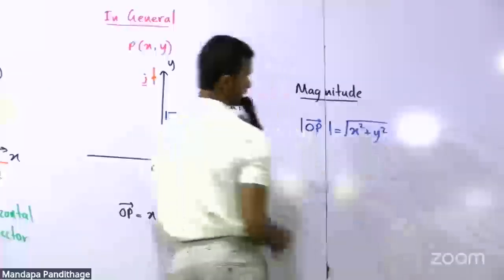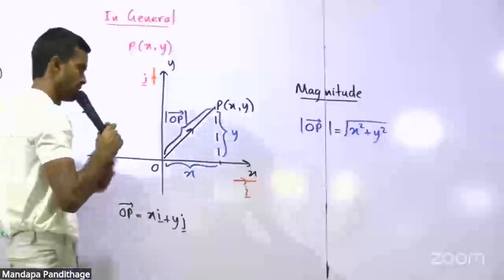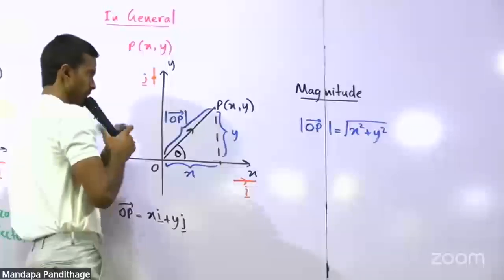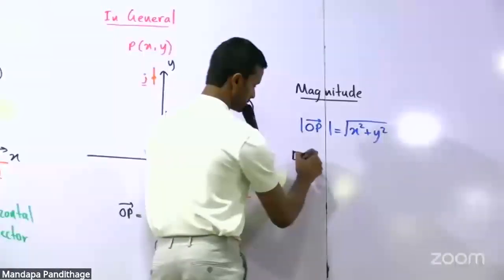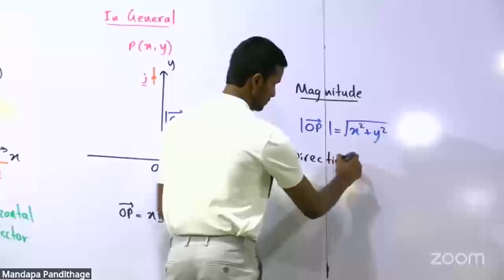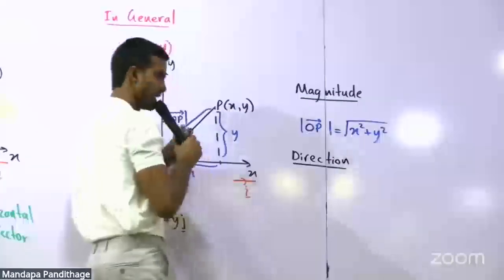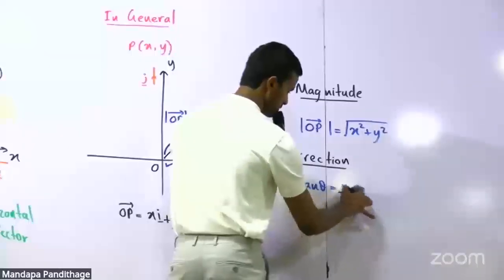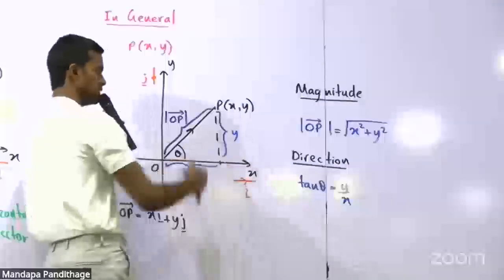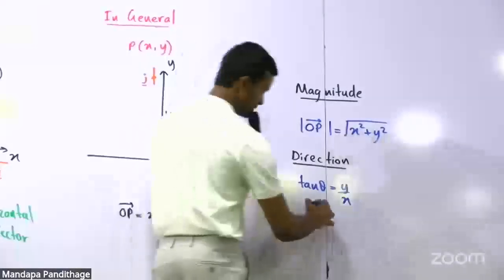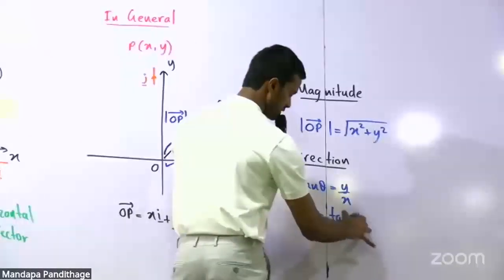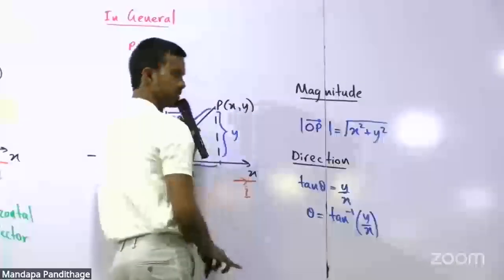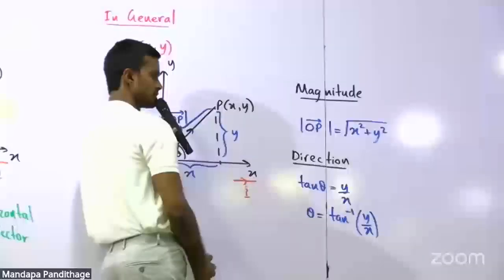If you want to find the direction, normally if they ask for the direction, you take this angle to be theta. Then tan theta is equal to y over x. For now, just keep the answer in this way, because we haven't done inverse trigonometric functions yet: theta is equal to tan inverse of y over x.